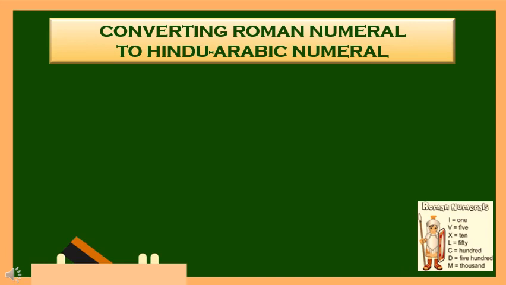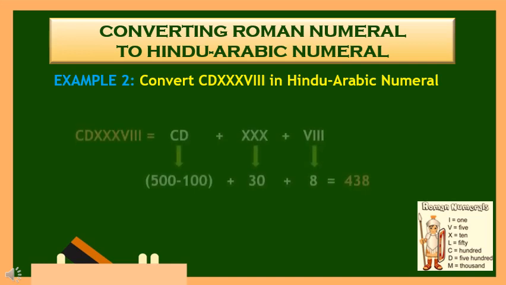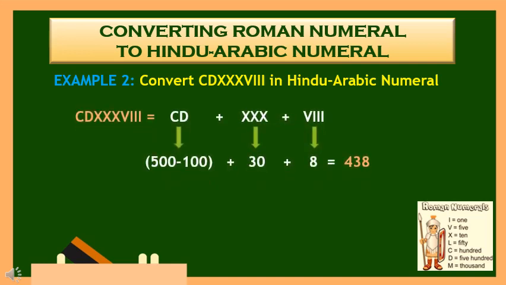Let us take another example. Convert CDXXXVIII in Hindu-Arabic numerals. Again, we will write down these numbers separately. CD plus XXX plus VIII. CD is, D is 500, C is 100. So we will subtract 500 minus 100, that gives you 400.